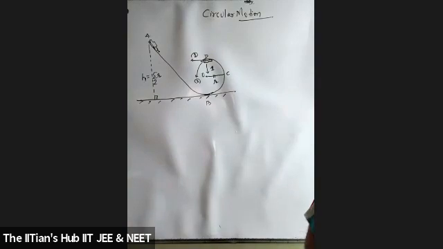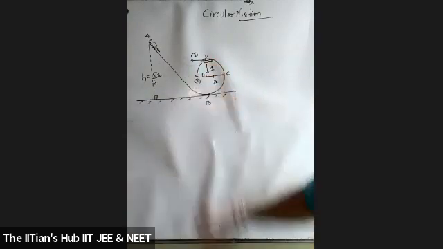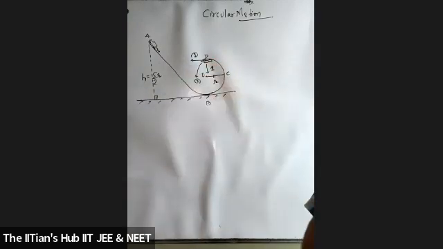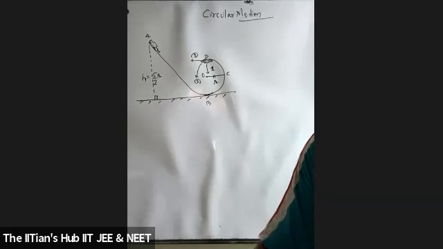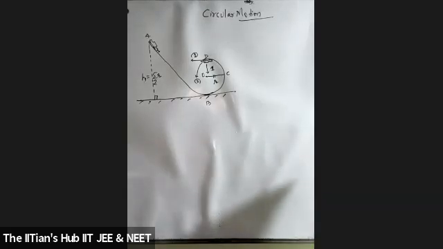Which path is the car going to have? Anybody? Anirudh says tangentially outwards. What about the rest of them, students?